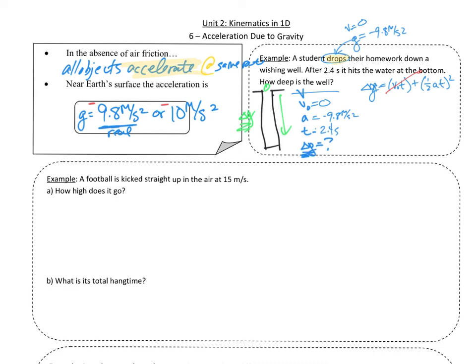So I'm left with delta y is equal to 1/2 acceleration times time squared. So it's 1/2 times negative 9.8 meters per second squared times 2.4 seconds squared. Put that in your calculator and you will get negative 28 meters, okay?